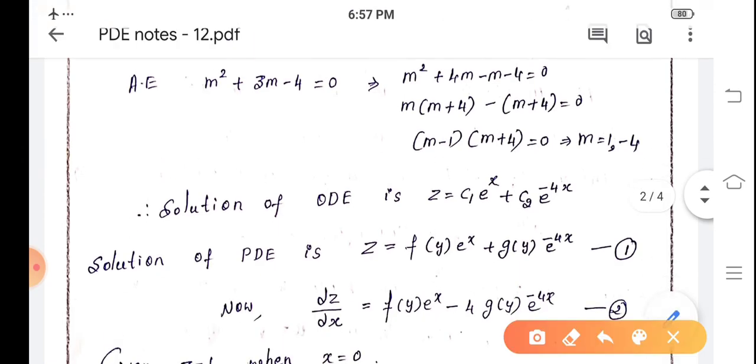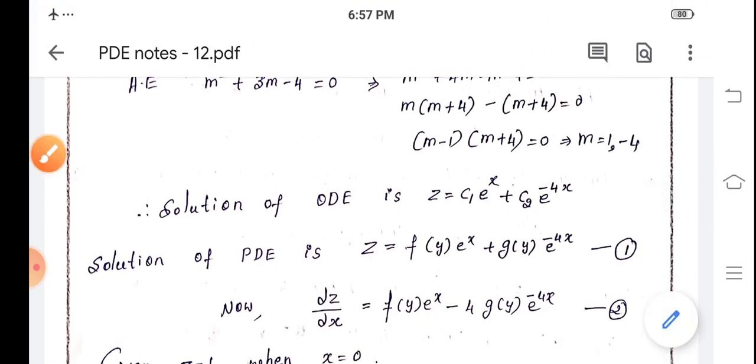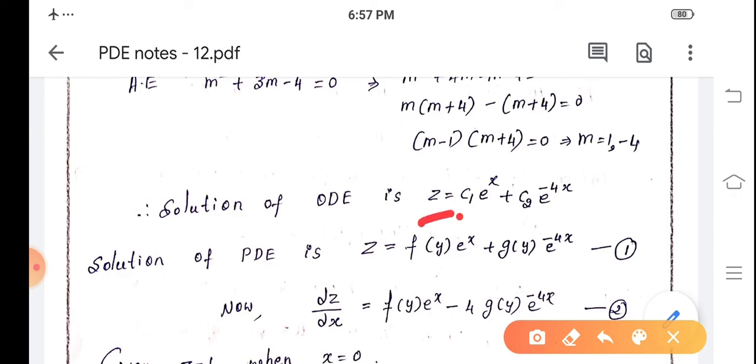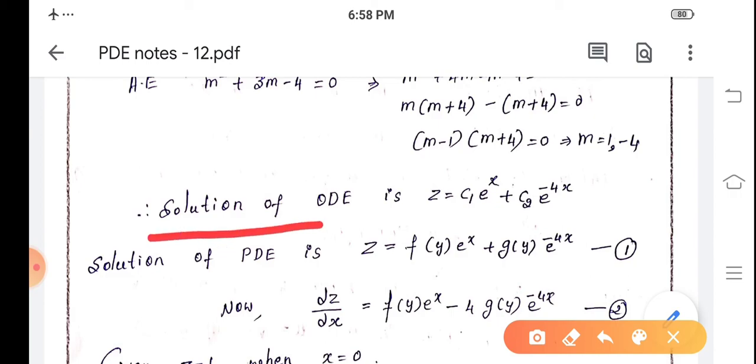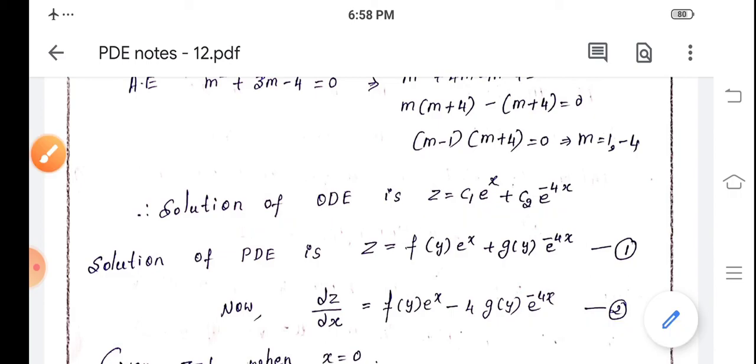So we write the solution of the ordinary differential equation as z = c1 e^(mx), where m is the first root. So we write c1 e^x + c2 e^(−4x). This is the solution of the ordinary differential equation.